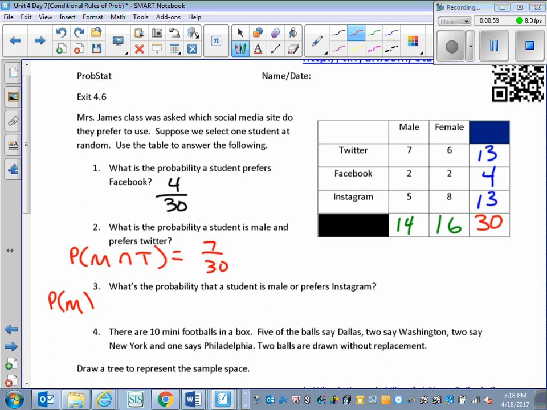Probability that they are male plus probability that they prefer Instagram minus the probability that they are male and prefer Instagram. So that's going to be 14 plus 13 minus 5, which is going to give you 22 out of 30.